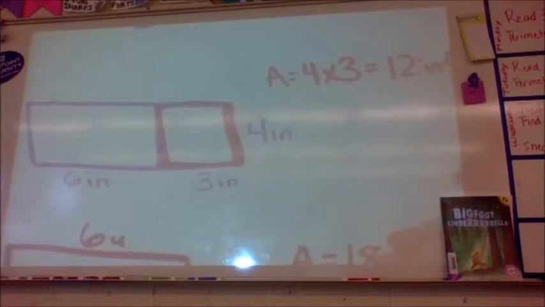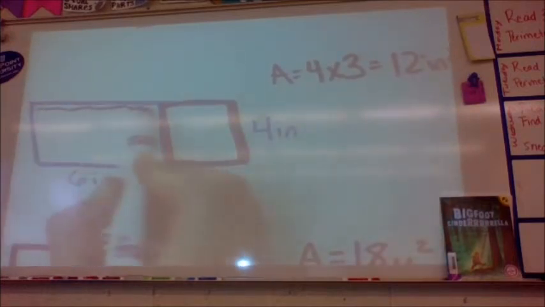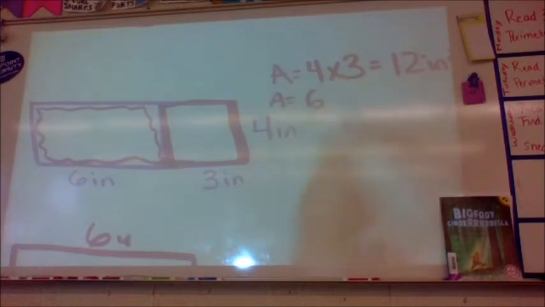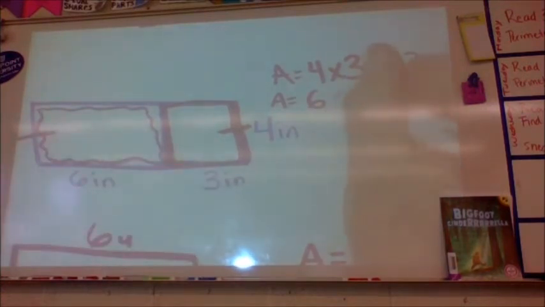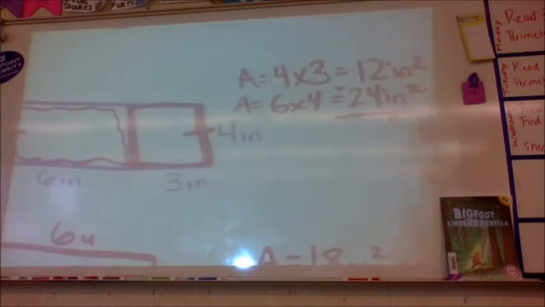And then they also have this second shape that has a length of 6. And then remember that if one side is 4, the opposite side would also be 4. So they would be 6 times 4, which would be 24 inches squared. And then they would add up those 2 to get a total of 36 inches squared.